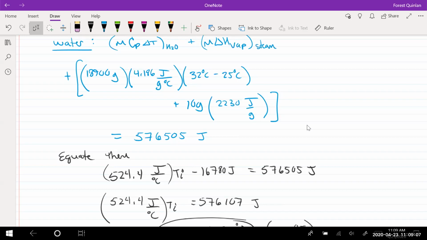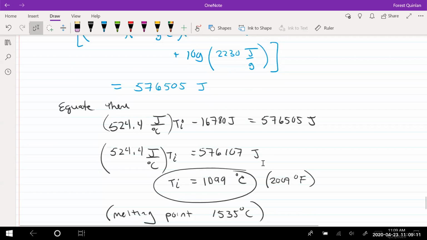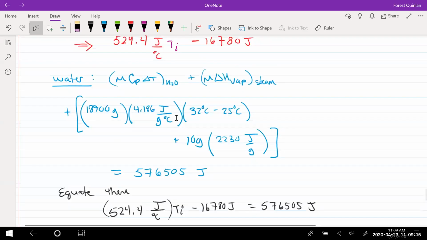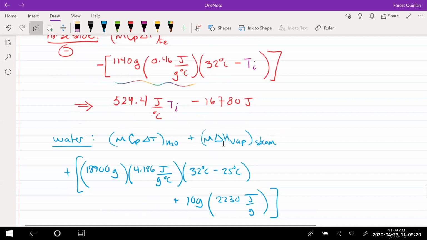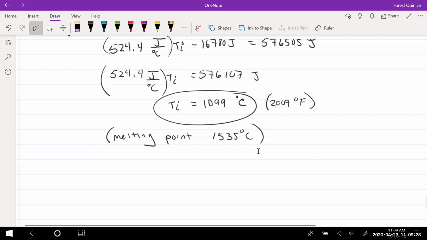So this way of plugging in stuff and getting a number, and plugging in stuff and getting a number. Of course, we rounded this 524.4. Of course, this wasn't exactly 16,080. That's going to be okay. In the end, you will always be close to the actual answer as long as you haven't done anything wrong. Does that make sense, guys?